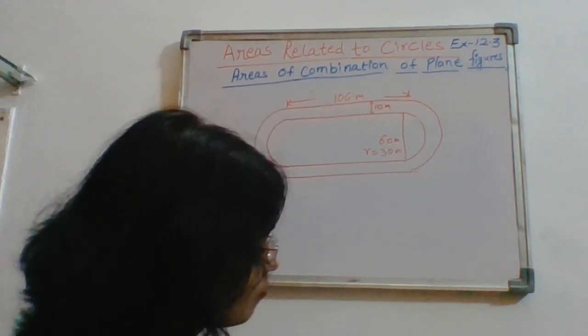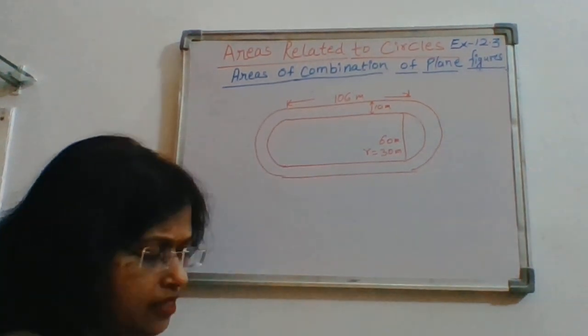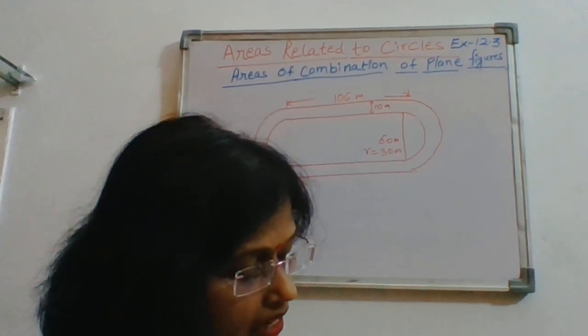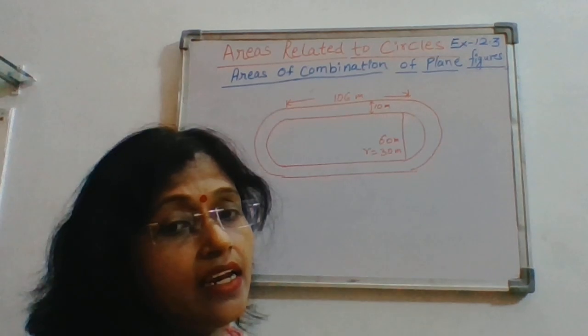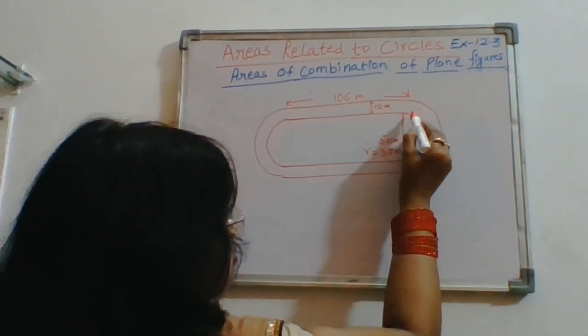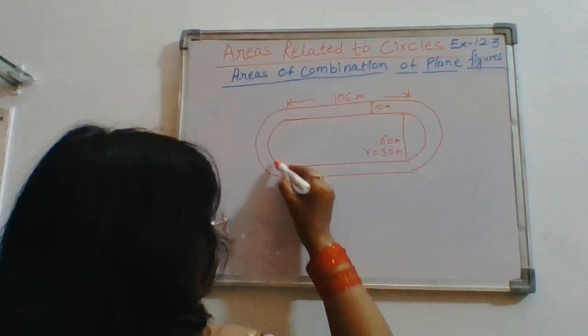Right? Now, in the first part, they are saying to find the distance around the track along its inner edge. So, this is your inner edge, and this distance we have to find.